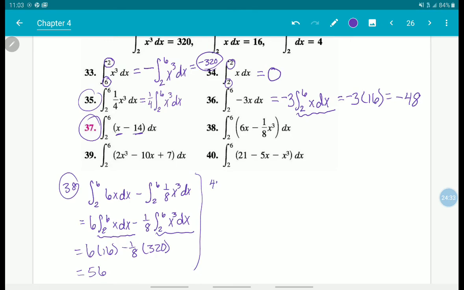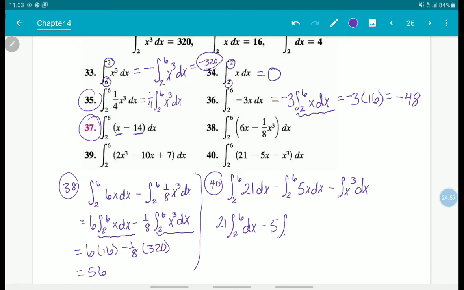And then the last one. We're integrating from 2 to 6. We can split this up, pull the constants out, and then make your substitutions.